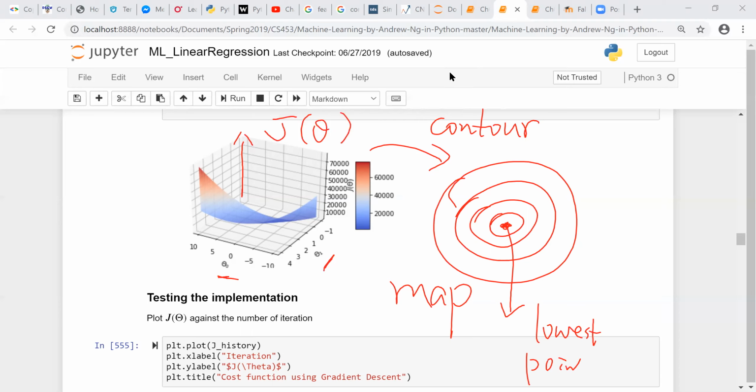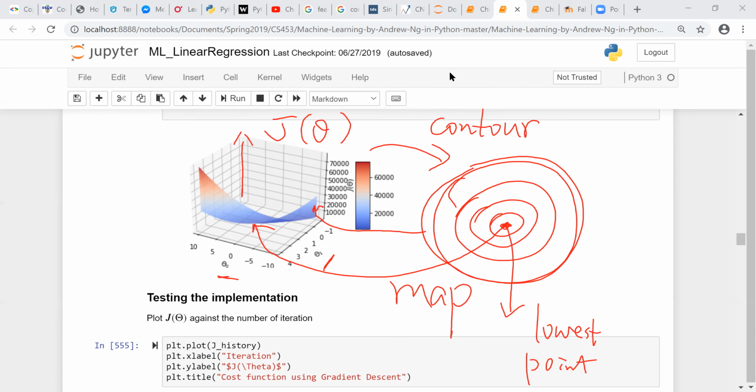Just think about maps: when you do a survey, a lot of the time you see this kind of contour, because in the real world the land has sea level. So how do you draw the 3-dimensional in 2D? That's how we do the contour. This is maybe the very top, and this is the very bottom. Okay, the contour, it's projected.